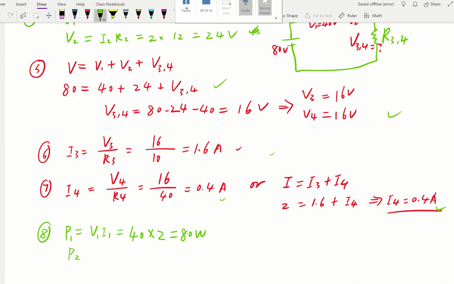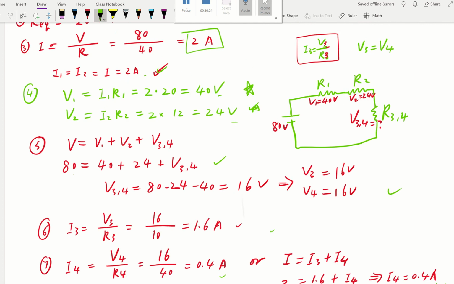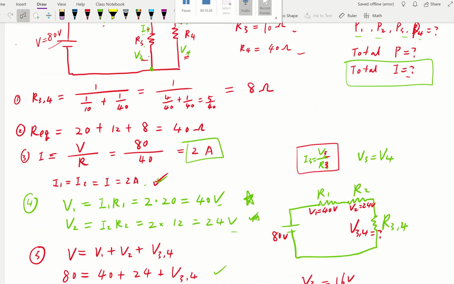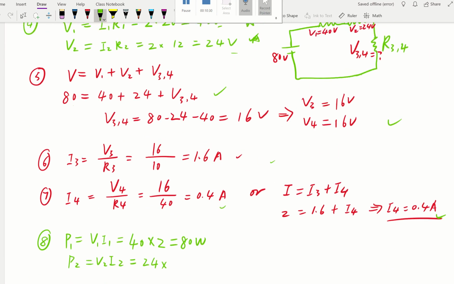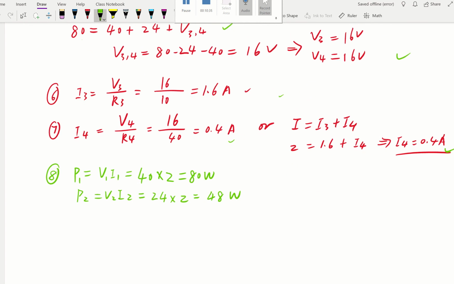So do the same thing. You can find P2 equals V2 times I2. V2 is 24 volts, and our I2, remember, is the same current as I1 since they are in series, so times 2. That's going to be equal to 48 watts.